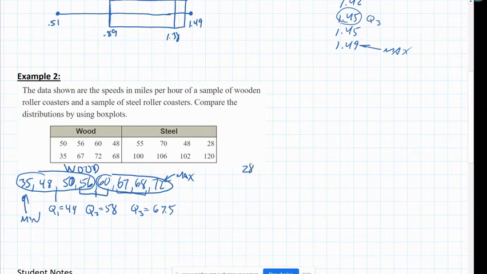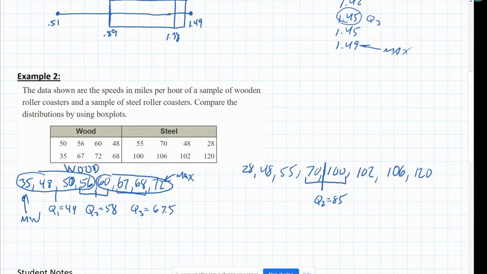The items put in order: 28, 48, 55, 70, 100, 102, 106, and 120. And so this is going to be 85.